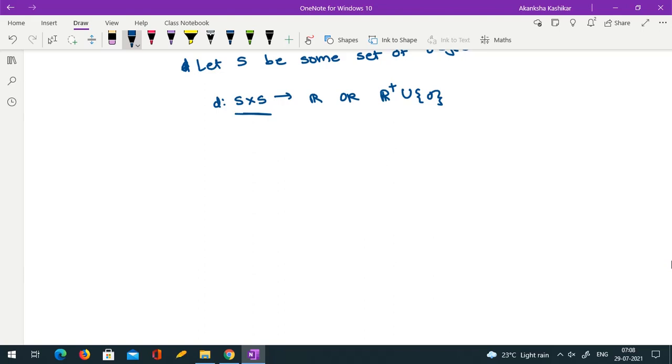Now, any other distance function that you have heard of? Other than Euclidean distance, you have not heard of any other distance? Someone other than Pushkar, because he told Euclidean.